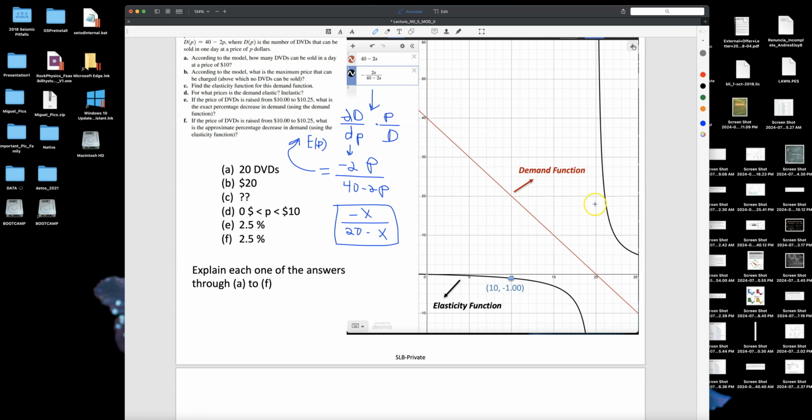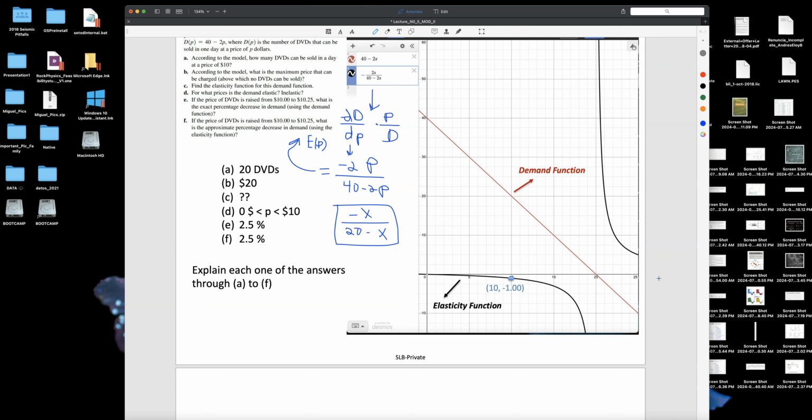So I'm going to forget about all the prices greater than or equal to $20. That is not a deal for me if I am the owner of the store, because I'm going to start losing money.